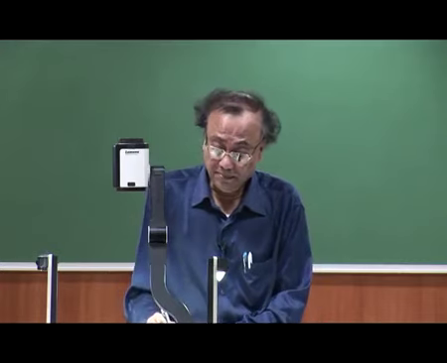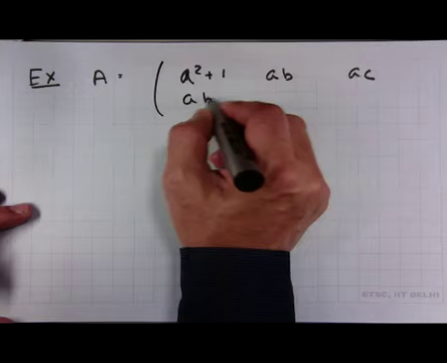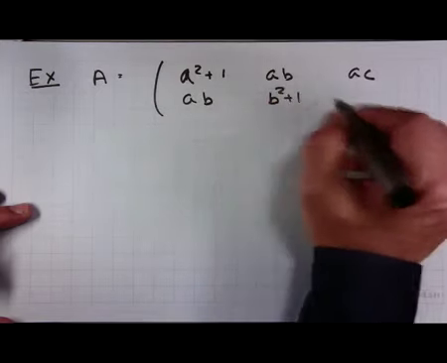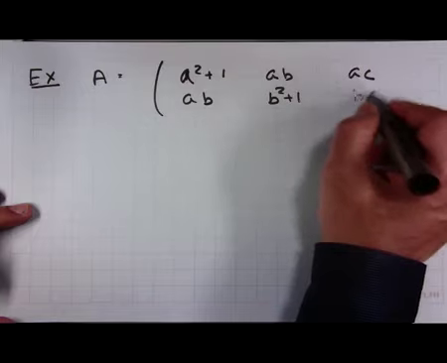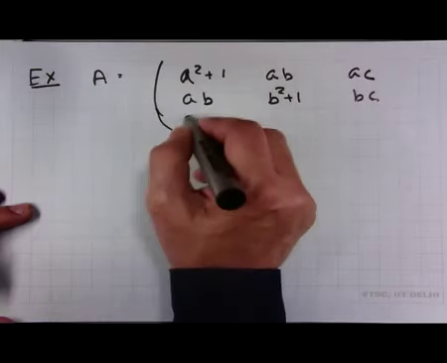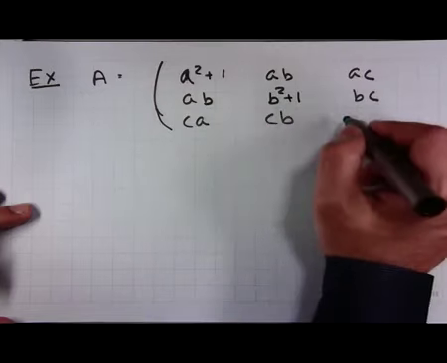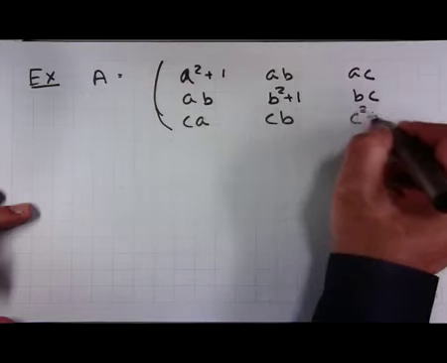What is the determinant of a square plus 1, ab, ac; ab, b square plus 1, bc; ca, cb, c square plus 1?